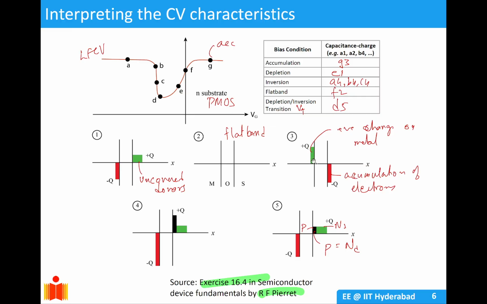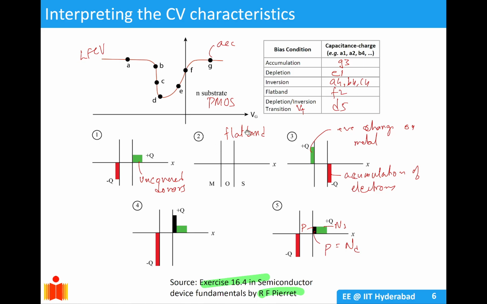because in this accumulation you can see your applied voltage is positive. So you have positive charges in your metal, and electrons are accumulating in your semiconductor because it's an N-type substrate. Then you come to F, which is your flat band condition.